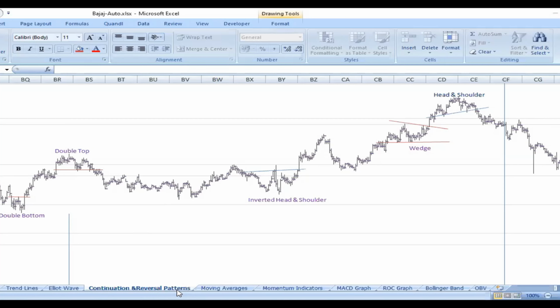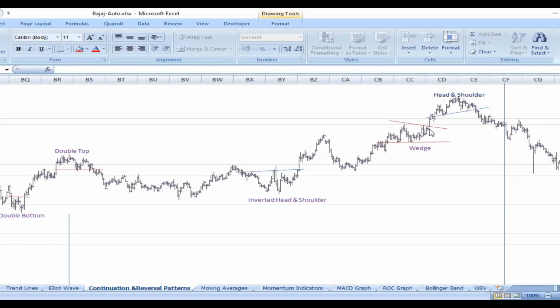I'll just come back to the PPT and make sure that we covered triangles, rectangles, channels, wedges, flags, and pennants. So flags, I will just explain to you. Maybe I couldn't find it in this one. Flag is more like a parallel. It is a wedge shape, and if you have both of them parallel, and as soon as it breaks, it is also a positive indicator.